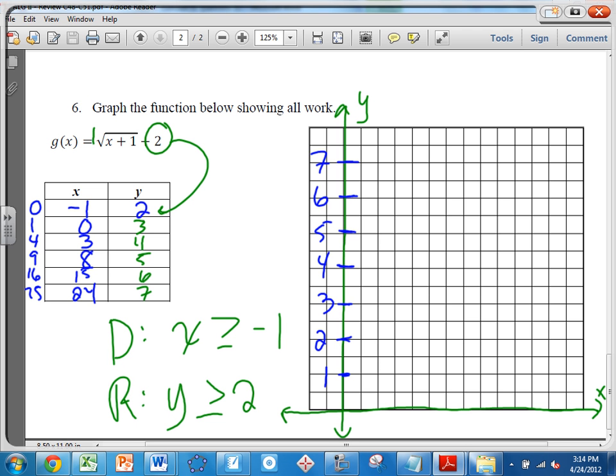Along the x-axis, what am I going to go by now? If I go by 2s every box, 2, 4, 6, 8, 10, 12, 14, 16, 18, 20, 22, 24. That'll work, right? So let's do that. Just to make it easier for myself, I'm going to start by labeling the 2, and I'm going to label them all, but I'm not going to label every one.